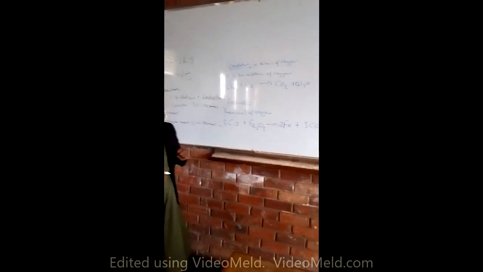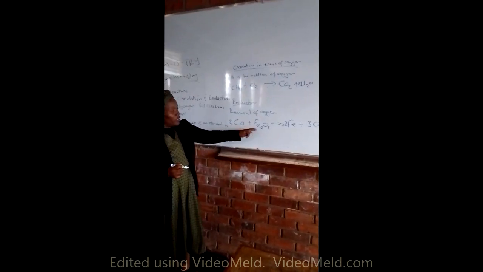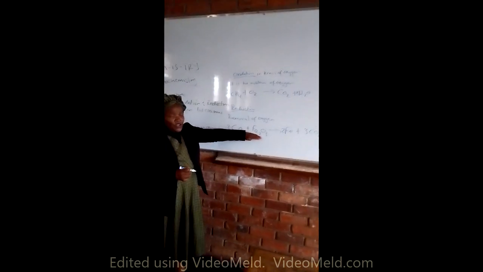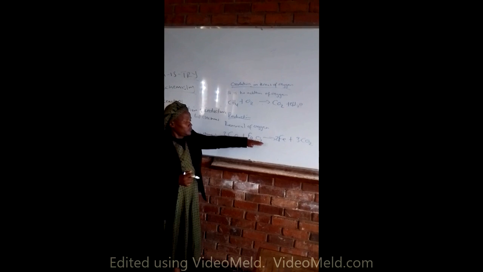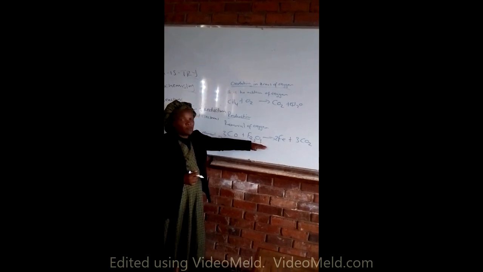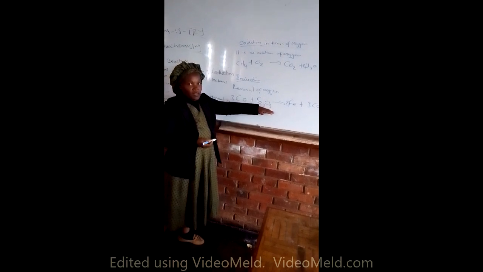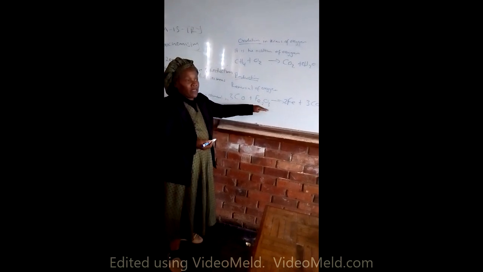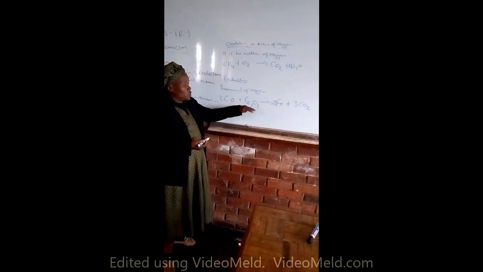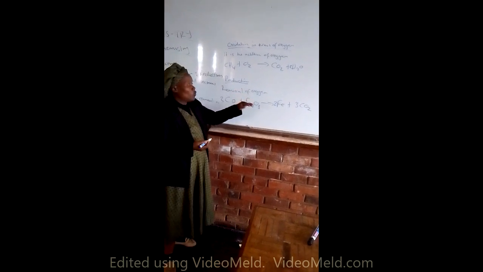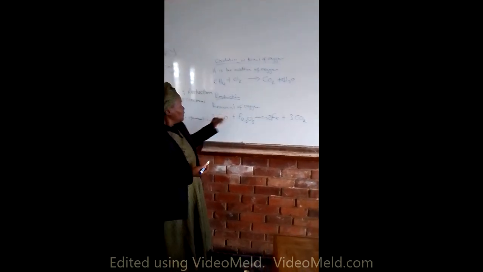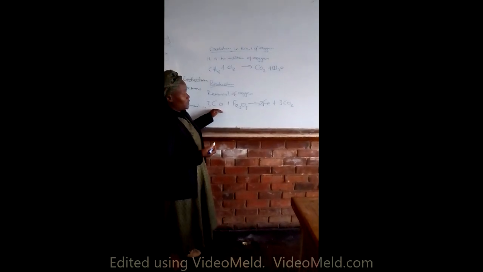That is the reaction. Here the iron is combined with oxygen. It has been oxidized to form the iron oxide. But when you now want to get the iron back, we must remove the oxygen. And we remove the oxygen by reacting with carbon monoxide.